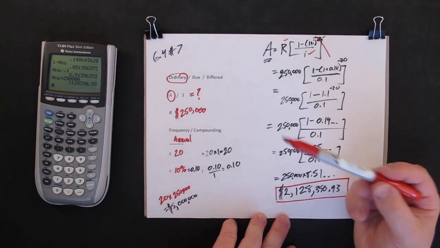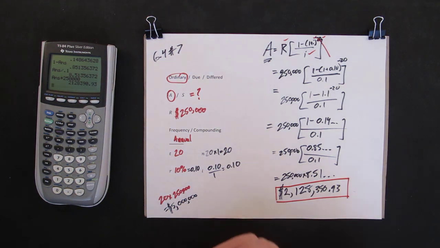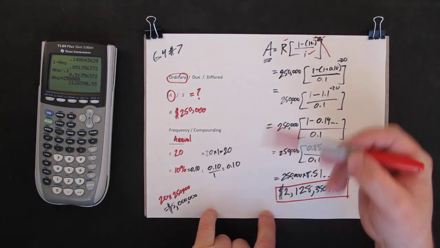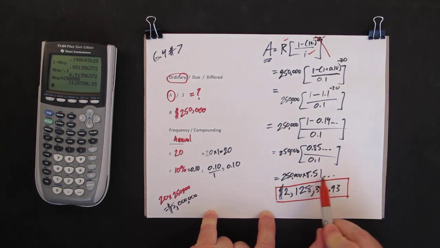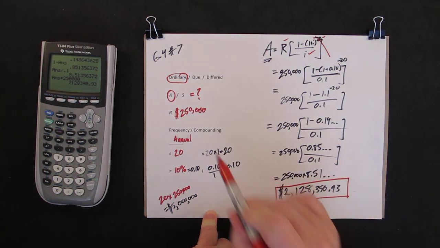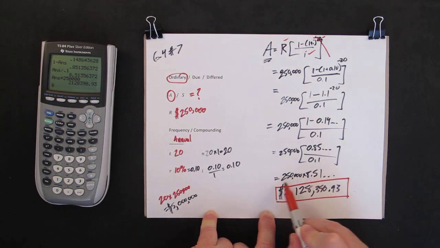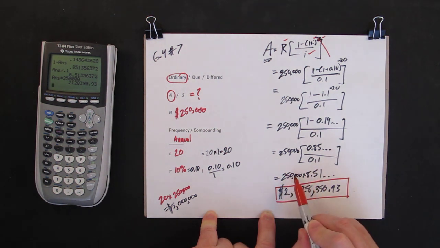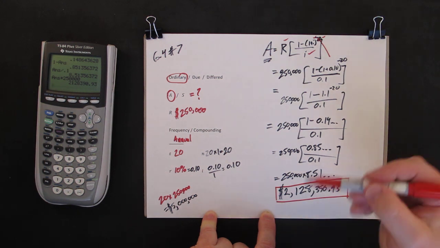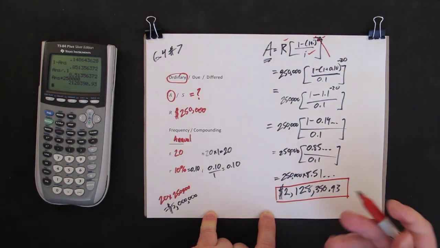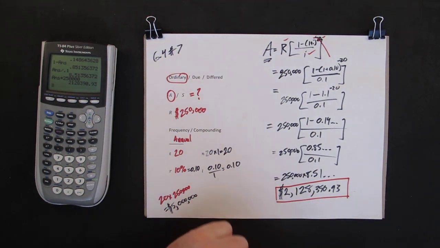So in order to get these regular payments of 250,000, less than half of the amount, specifically about 8.5% of the total, or 8.5 times the payments, needs to be invested, which is a little bit more than 2 million. Okay.